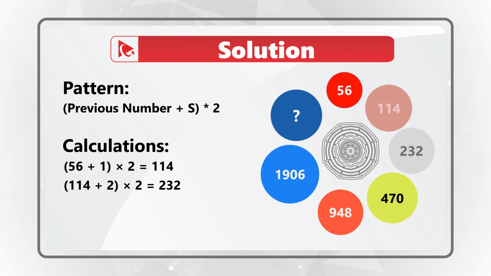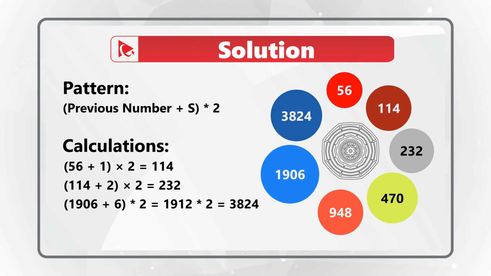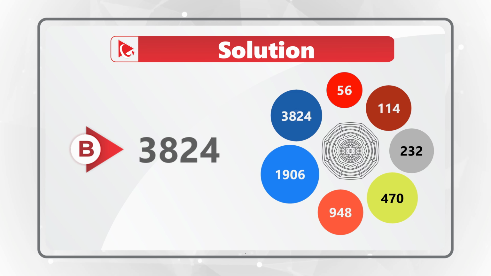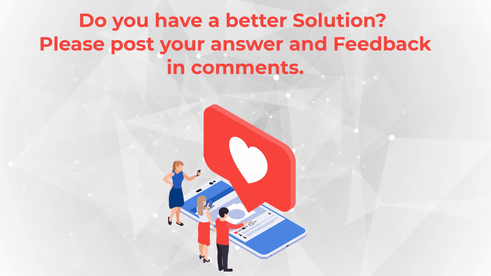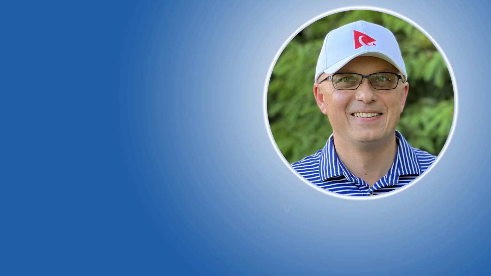So our final number, 1906 plus 6, which is the sequence number, multiplied by 2 equals 1912 multiplied by 2, which equals 3824. If you liked my version of the solution, please make sure to like this video and subscribe to this channel.